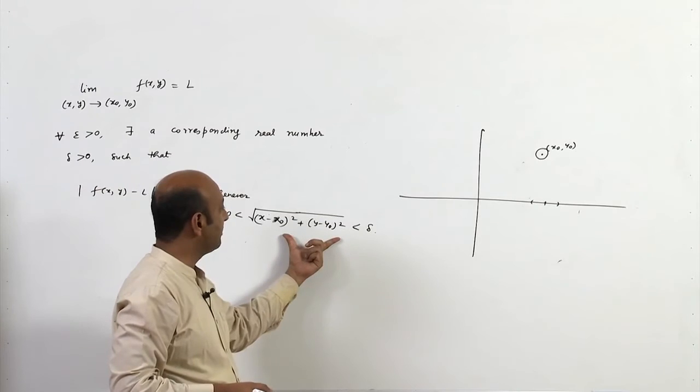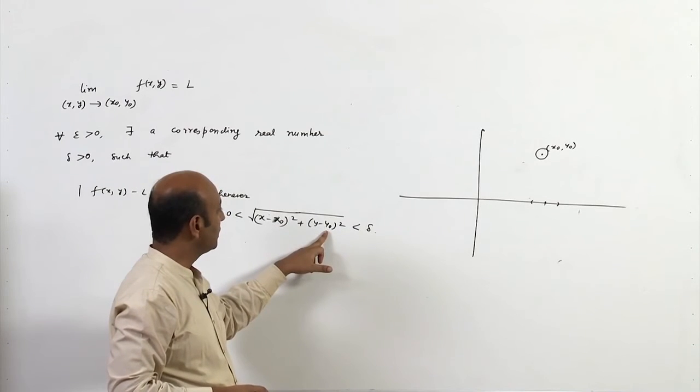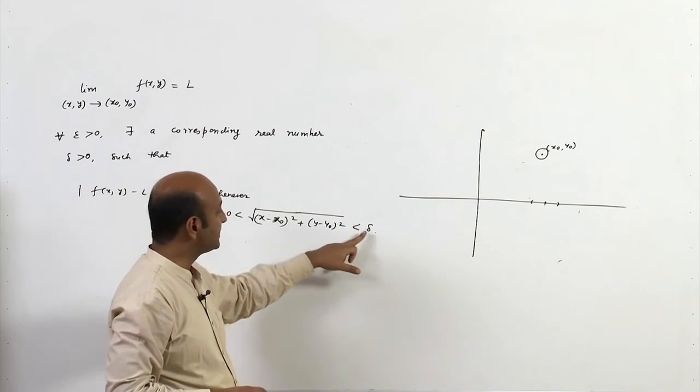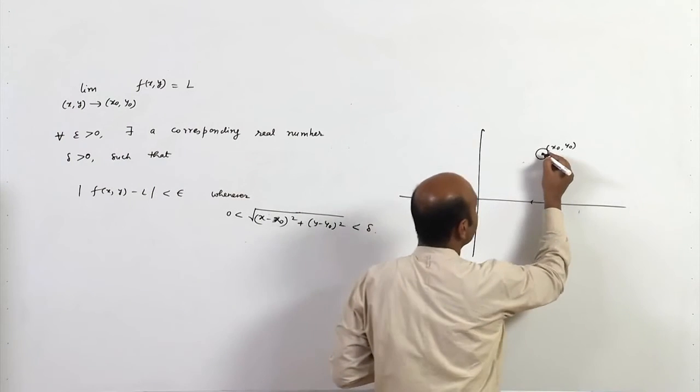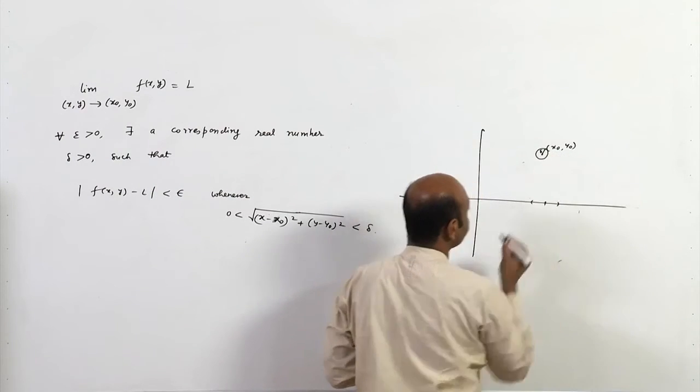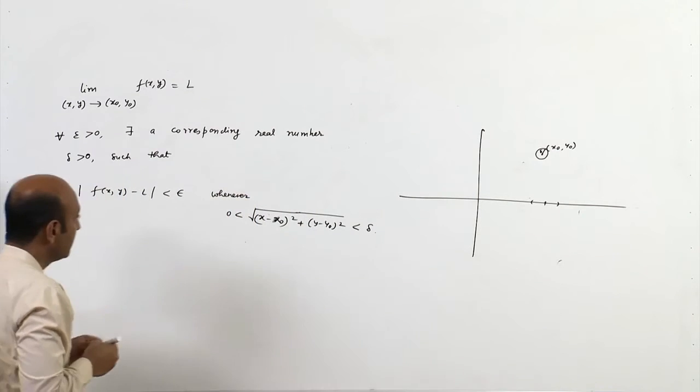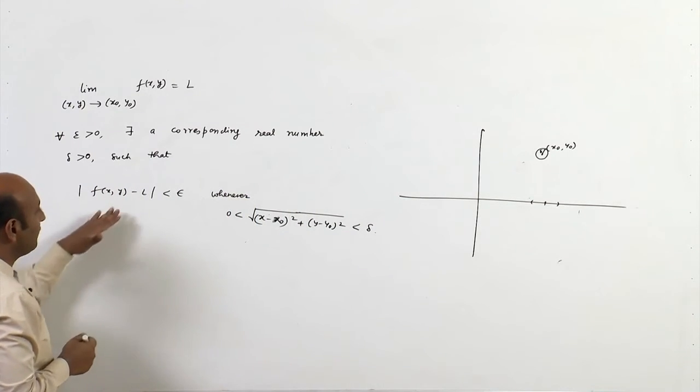So, this is a deleted neighborhood of (x naught, y naught) of radius delta. This is basically a circle of radius delta. Now again, what does it mean?